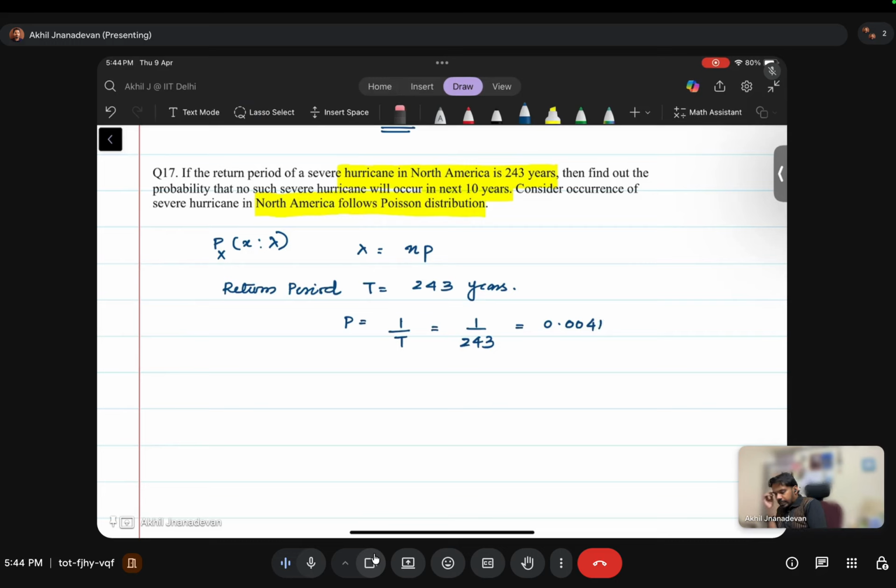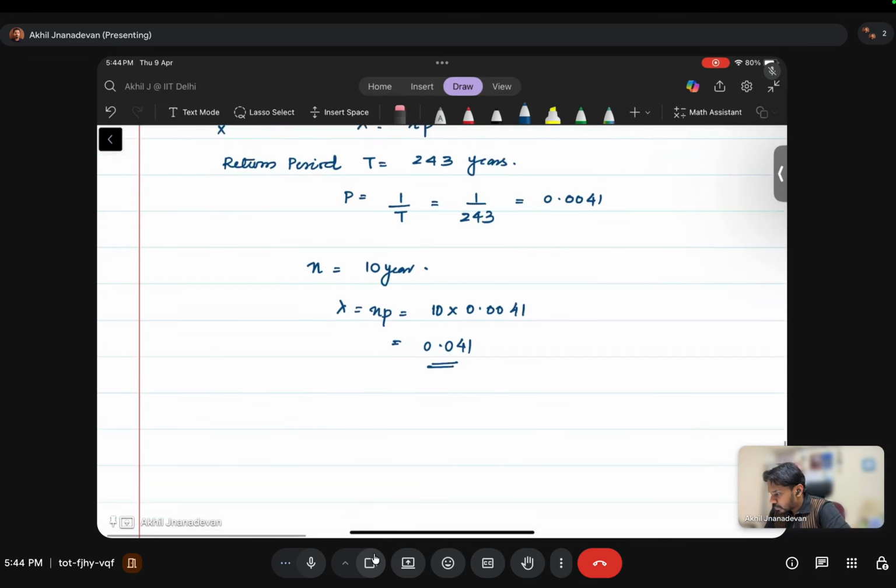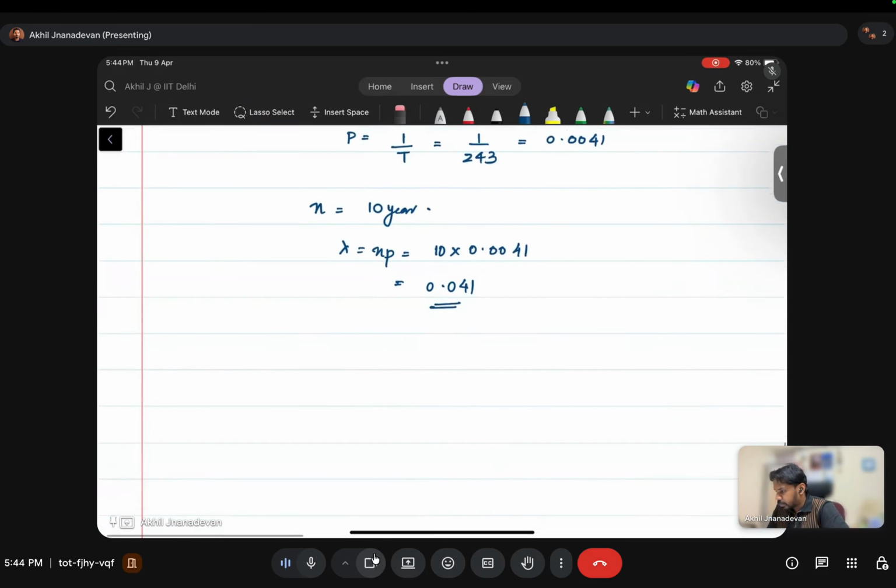And for the next 10 years, n will be 10 years. So our lambda will be n into p, that is 10 into 0.0041, which is equal to 0.041. This is our parameter lambda.